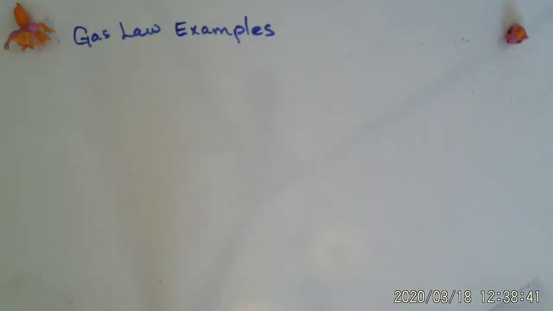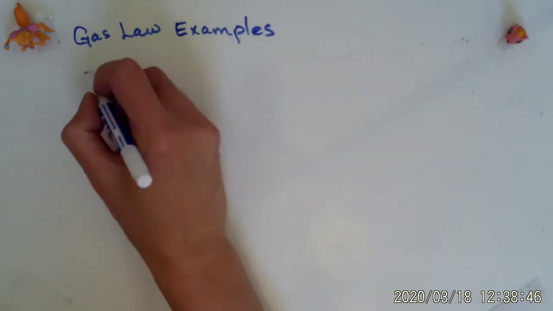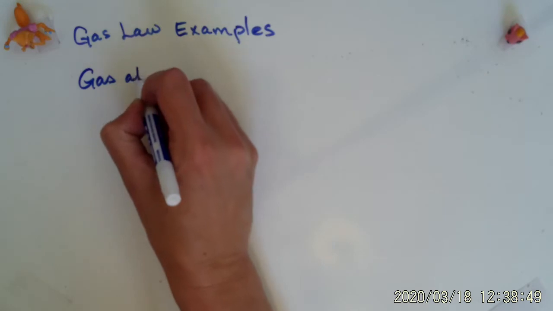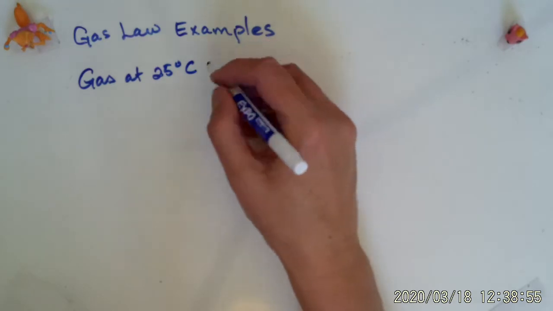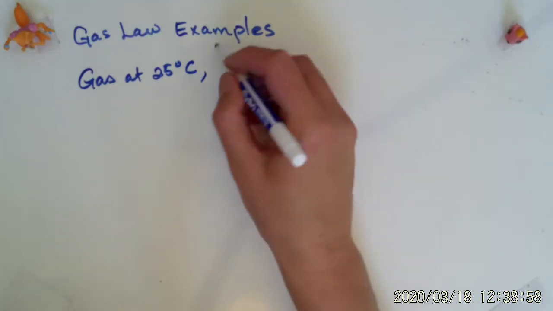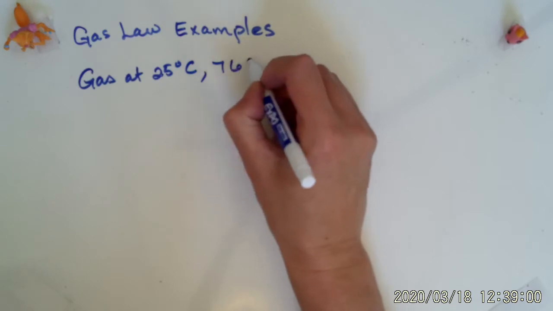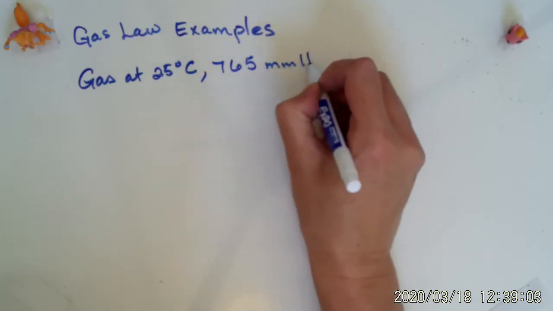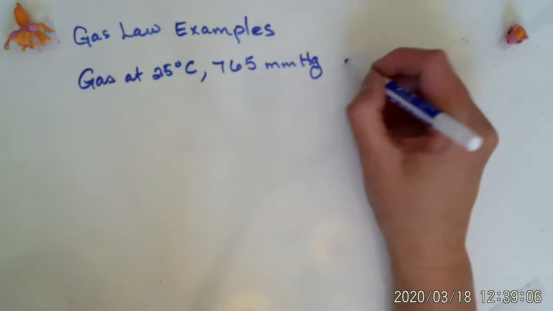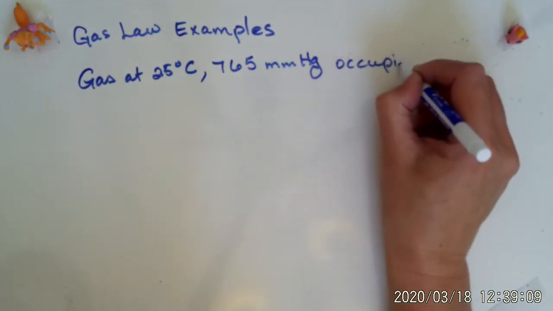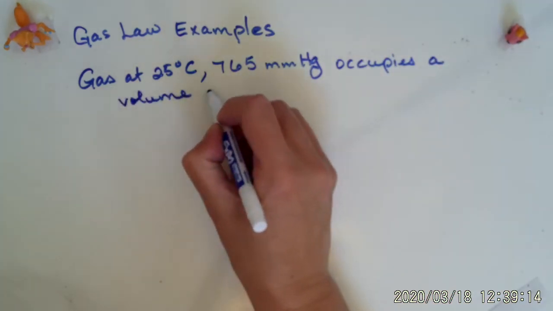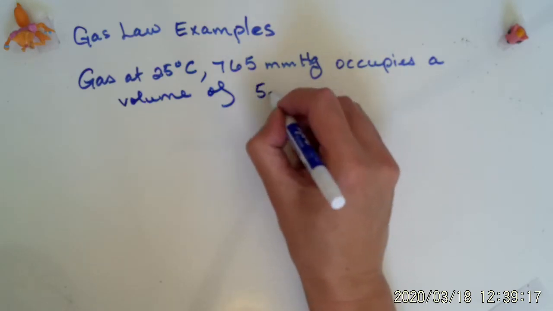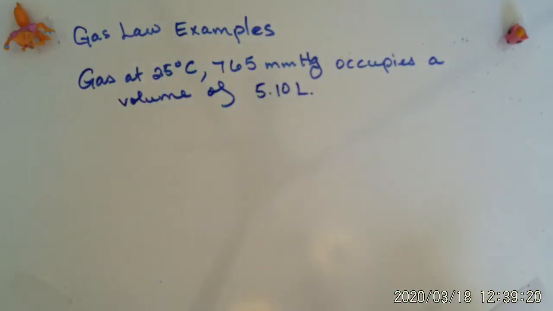Okay, let's do two more examples. Suppose you had a gas at 25 degrees Celsius and it has a pressure of 765 millimeters mercury and a volume of, let's say, 5.10 liters. Okay?